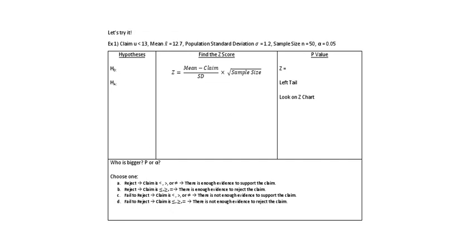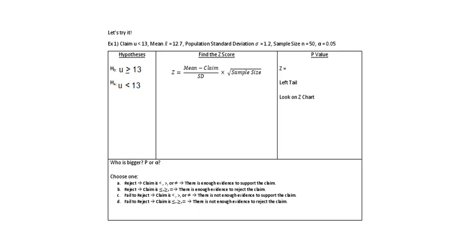HA is mu is less than 13, and that's because of the less than sign. So by default, the null is mu is greater than or equal to 13. And let me get that equal sign in.